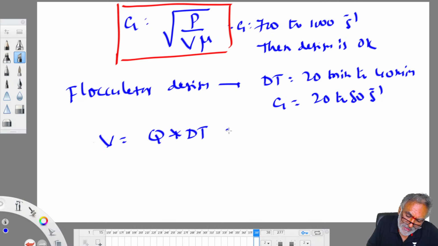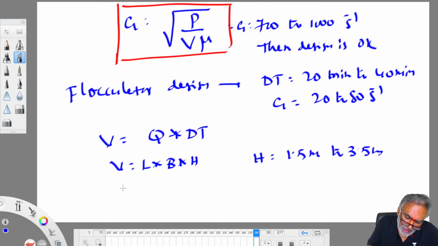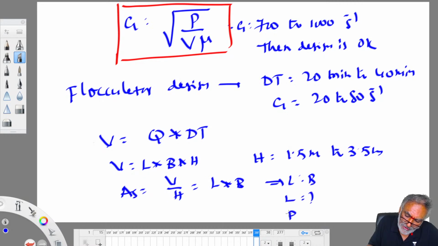Okay, so volume is equal to L into B into H. So H value normally we provide anywhere between 1.5 meters to 3.5 meters. Then you can find out surface area of this tank, which is equal to L into B. Using L is to B ratio, we will find out length of the tank and width of the tank. That's all. Design of flocculator.